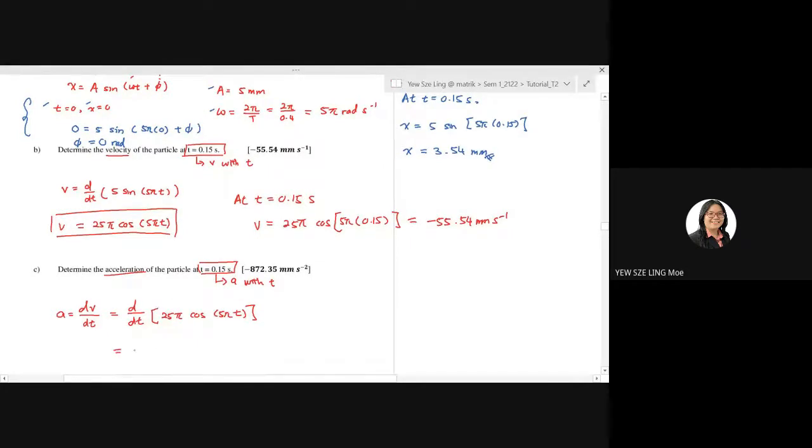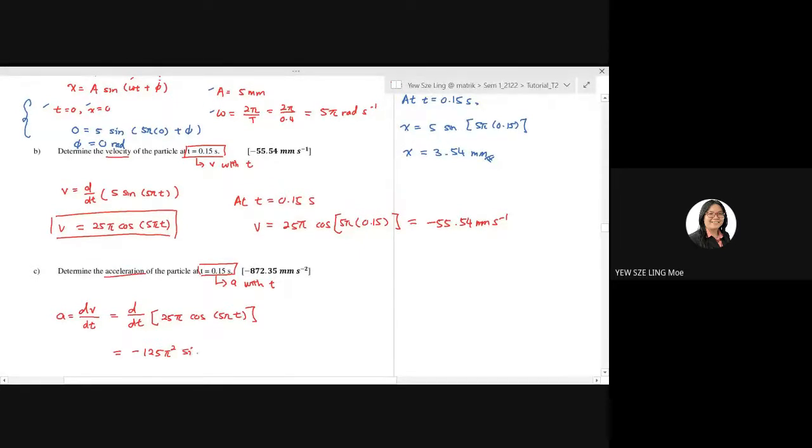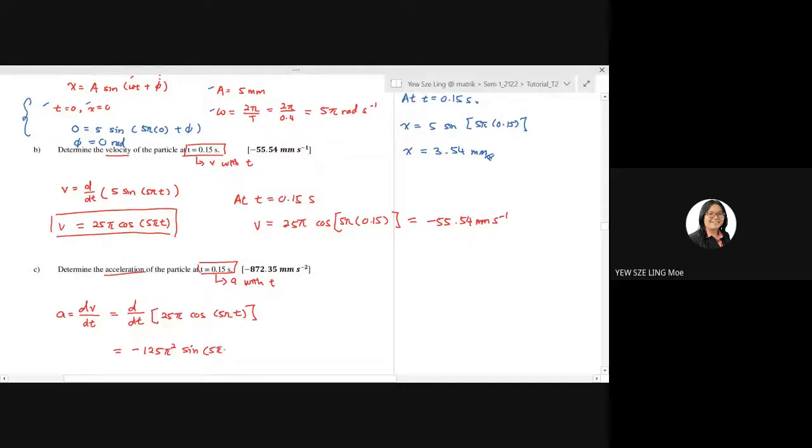If you differentiate it correctly, what are you going to get? You're going to get negative. Why negative? Because if you differentiate cos, it will become negative sine. So negative 125 pi squared sine 5 pi t.